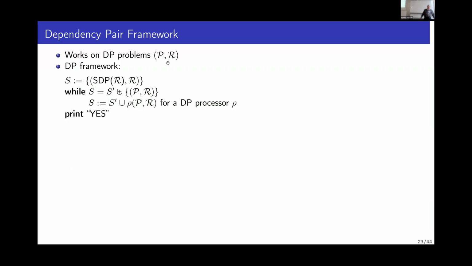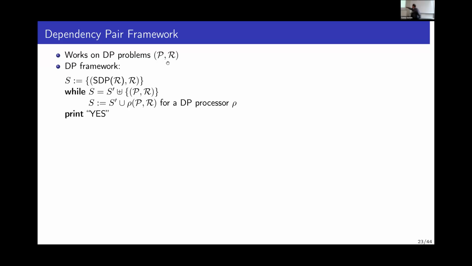The dependency pair framework now works on what are called DP problems: a set of dependency pairs, potentially harmful non-terminating function calls, and a set of rewrite rules that are not considered harmful, that we only use to evaluate arguments in terminating evaluations.